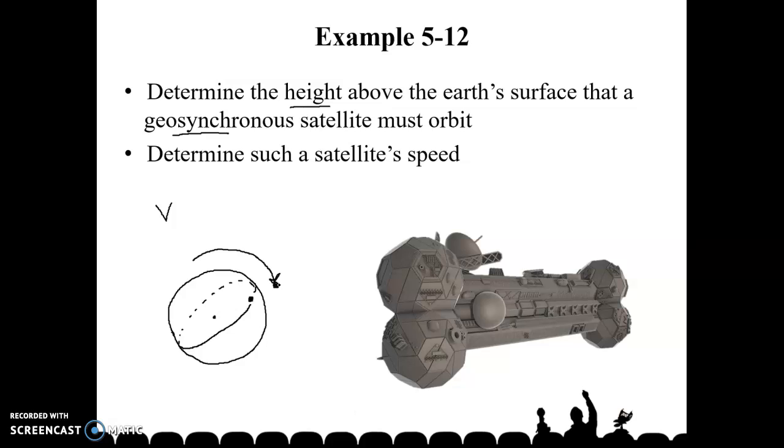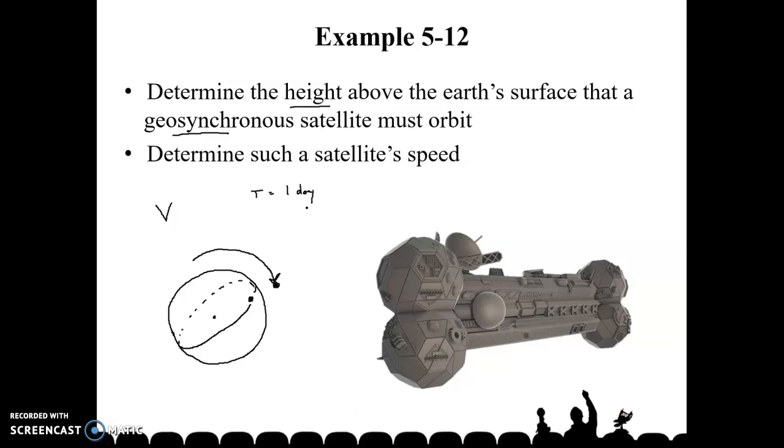So the velocity is predetermined for a geosynchronous satellite. The velocity is that it has to revolve around the Earth once per day. So the period is 1 day.